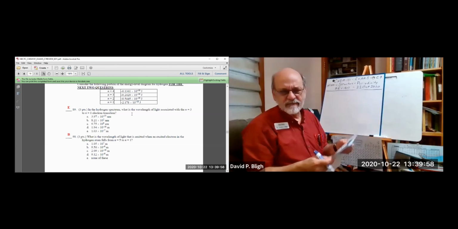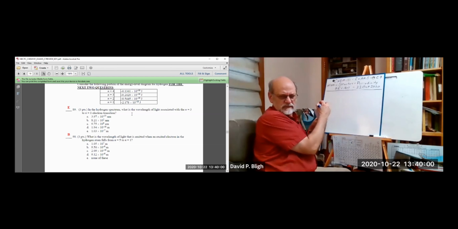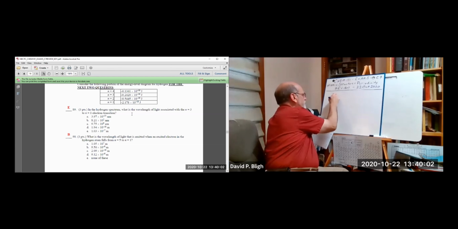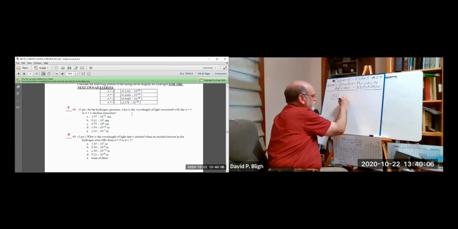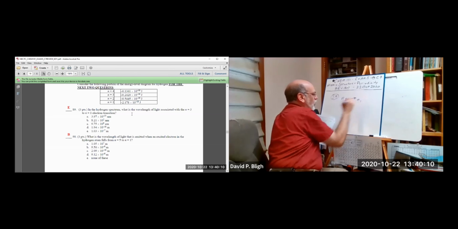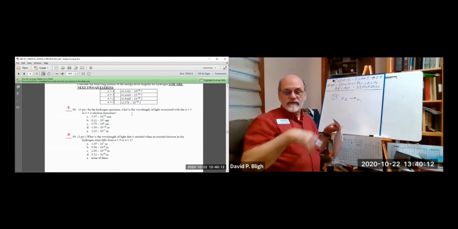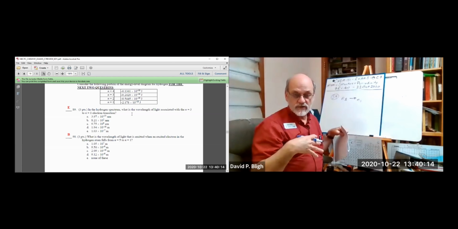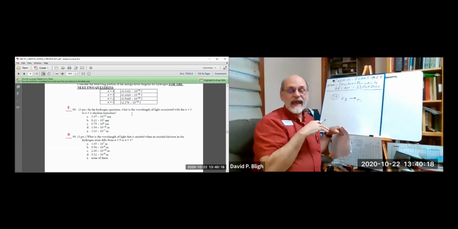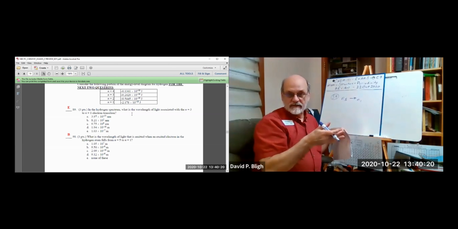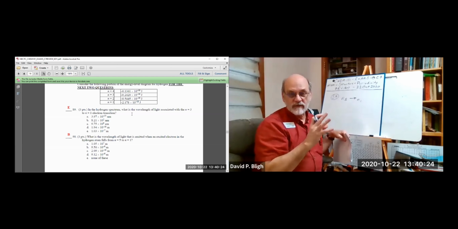So if we've got 89, and the electron is going from n=5 to n=1, it's decreasing in energy from the higher level to the lower level, and it's emitting light. And we want to find out what's the wavelength of that light.